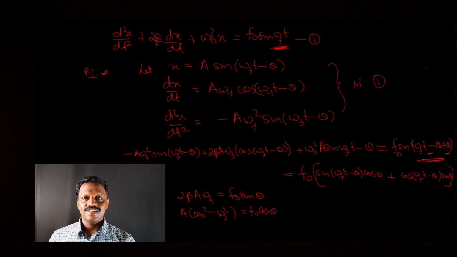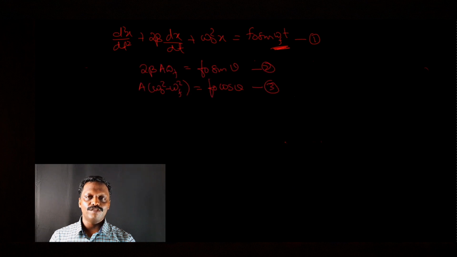Yes, we have F_0 sin θ and F_0 cos θ, and you can easily get rid of sin θ and cos θ as sin²θ plus cos²θ is equal to 1.